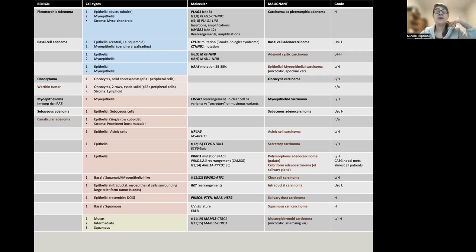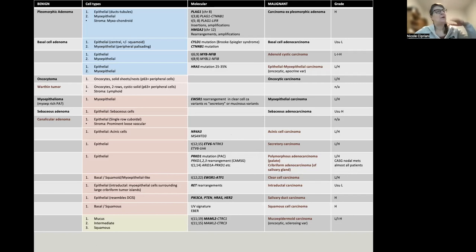Also, there are always newly described entities that are being pulled out. One of those, as we'll see later, is secretory carcinoma. Secretory carcinoma used to be thought of as a variant of acinic cell carcinoma, but now we know that there are genetic differences. So to give ourselves a little hand-holding as a pathologist, if I see something that looks like secretory carcinoma, I might do the genetics just for my own diagnostic confirmation for the first few cases.